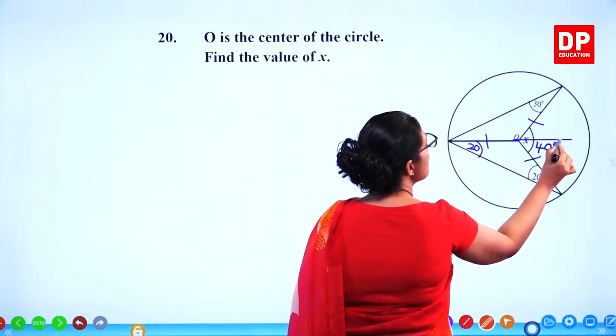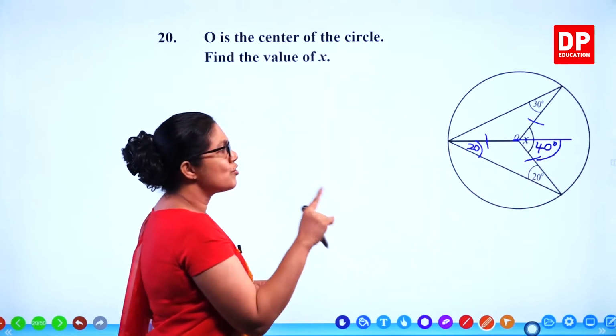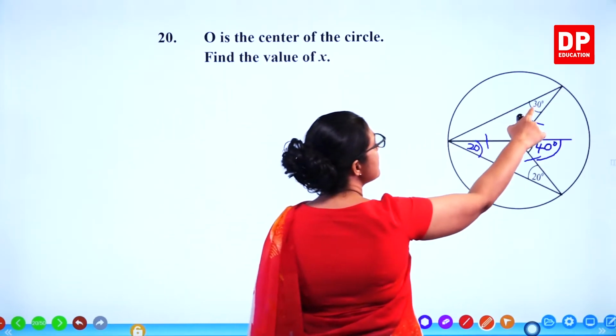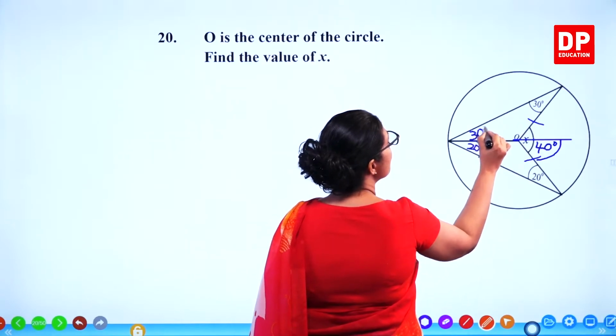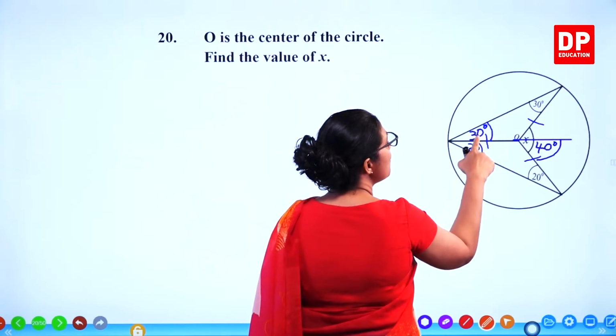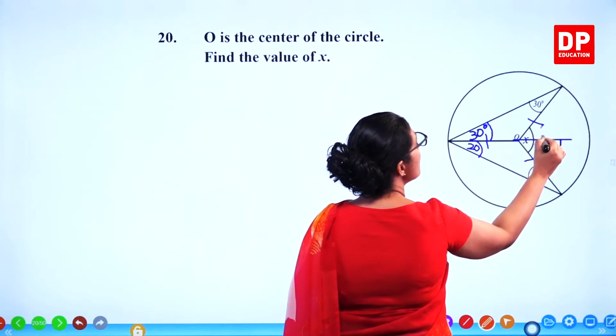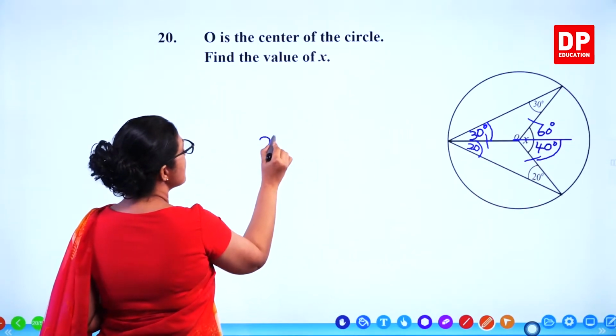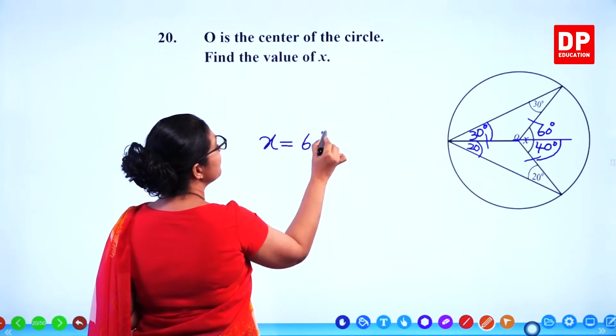This is 40. Exterior angle is equal to the sum of opposite interior angles. And this is 30, means this is 30. Isosceles triangle. So if this is 30, this is 30, you get 60 here. So what is angle x? x is 60 plus 40.